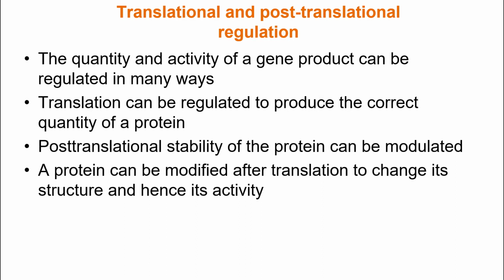We could take that post-translational stability of the protein, make that protein unstable so it doesn't fold on its own and therefore maybe is inactive. Or we could even take the protein itself and modify it after translation to change its structure and hence its activity, maybe increase its activity or decrease its activity. All those things play a role in gene regulation.